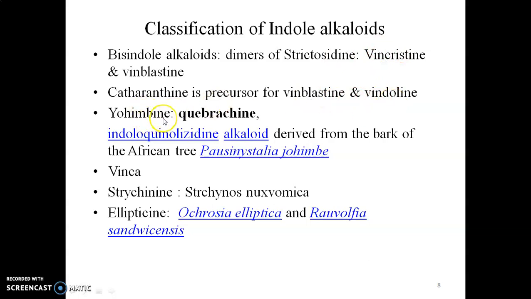Then you have example yohimbine, the indole alkaloid which is derived from the bark of the African tree yohimbe. You have strychnine, which is derived from Strychnos nux-vomica. Then you have ellipticine, derived from Ochrosia elliptica and Rauwolfia sandwicensis. So these are the bis-indole alkaloids.